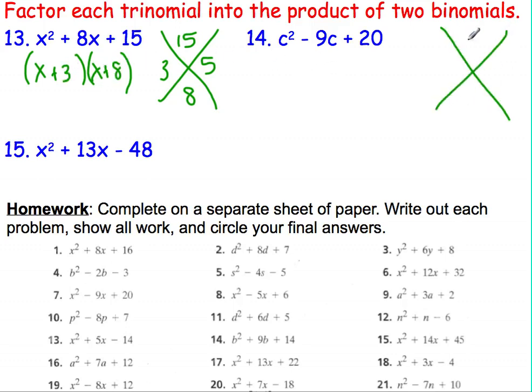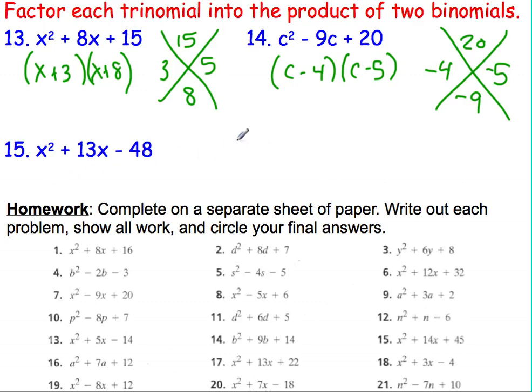Over here, we have 20 up top, negative 9 on the bottom. Let's see, 20 is 1 and 20, 2 and 10, 4 and 5. So 4 times 5 does give me 20, but if both of these are negative, it also adds up to negative 9. So here we go, C minus 4, C minus 5.